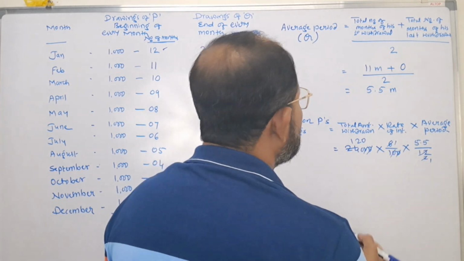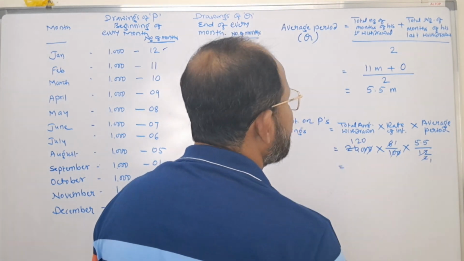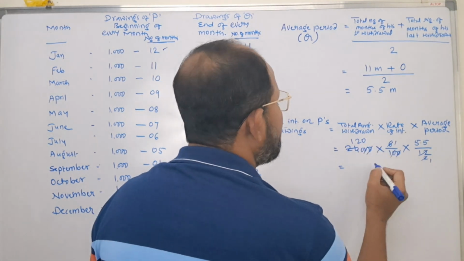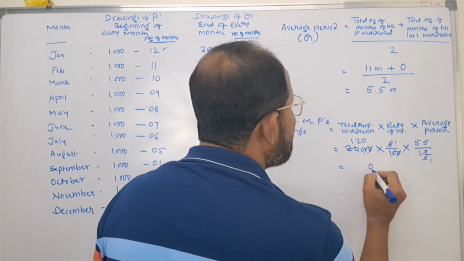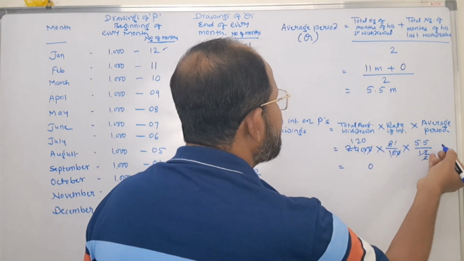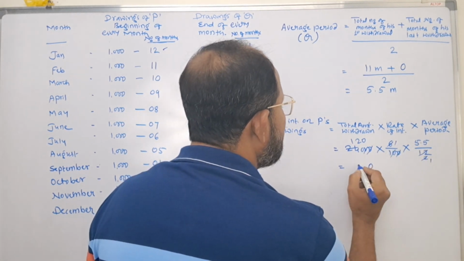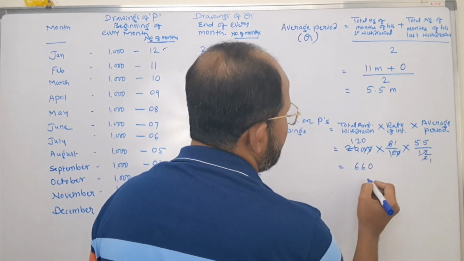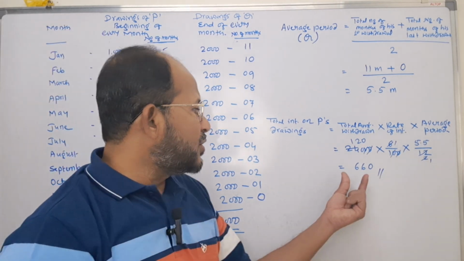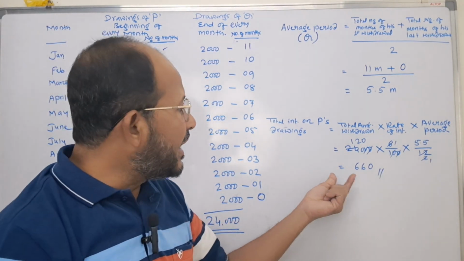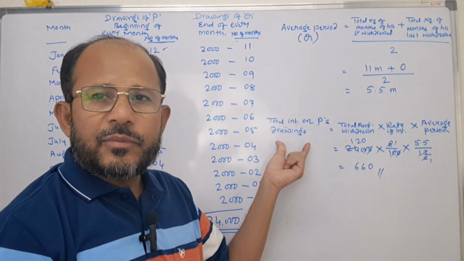Just you simplify this one. 12 5s are 60, 6 remains, again 12 5s are 60 plus 6, it comes to 660 rupees. Just you check it. This rupees 660 is the interest on drawings of Mr. Q.